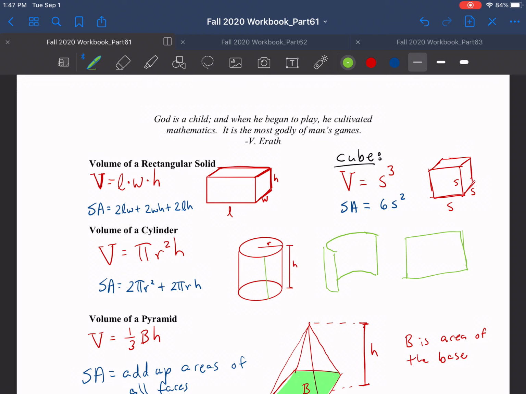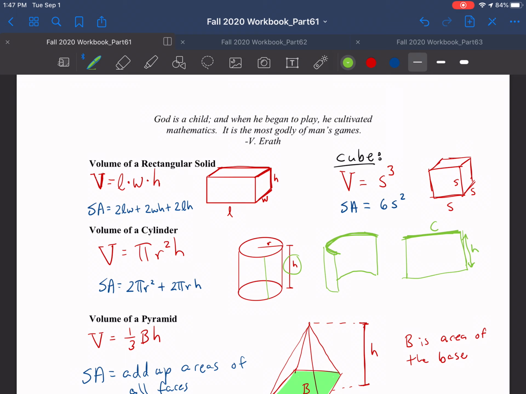The length of this side of the rectangle, this part right here, is essentially just the circumference of the circle on the top. So this would be the circumference of the circle, and then this over here would just be the height of the cylinder.